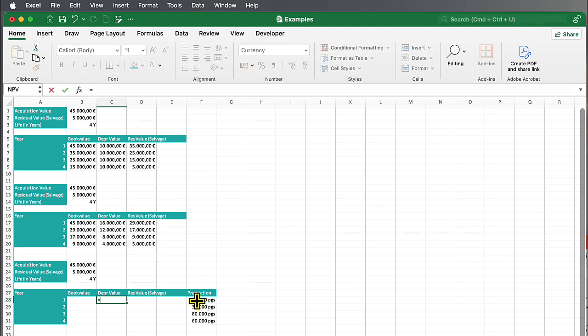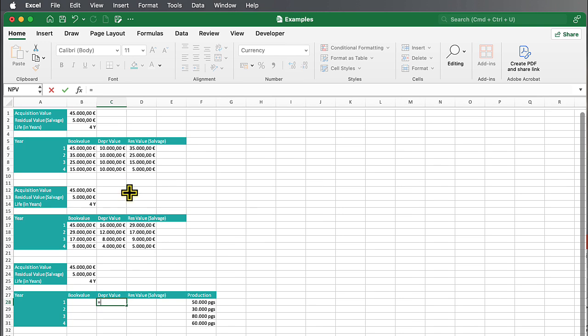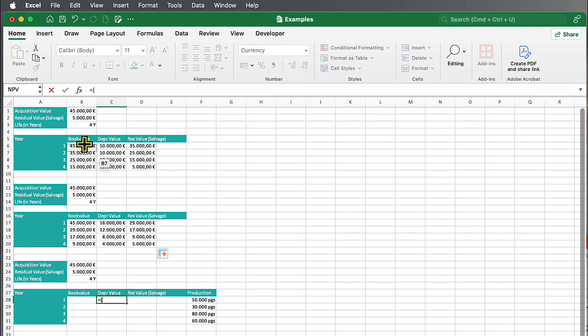So we do this calculation of 45,000. Again, we have to do these dollars because we would like to move it down later on, minus our 5,000. And then we multiply it by the ratio of this year's production divided by the overall production.